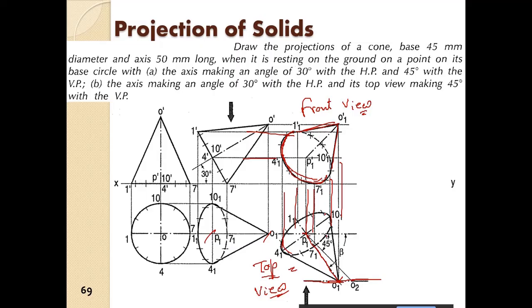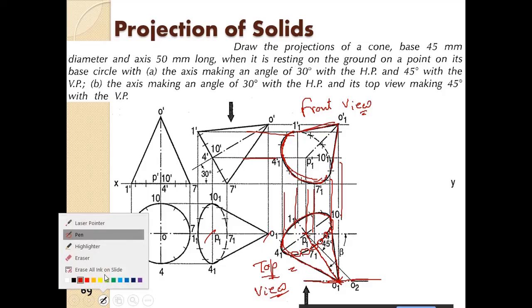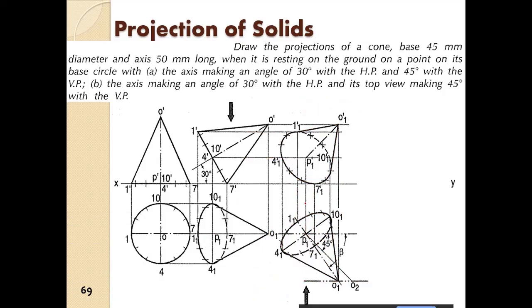Here also you will see these edges, and this over here is the dotted line, so that section you will not see. You can see O1 is here, 4-1 is here, 10-1 is here, similarly 1-1 is here, P1 is here, and 7-1 is here.